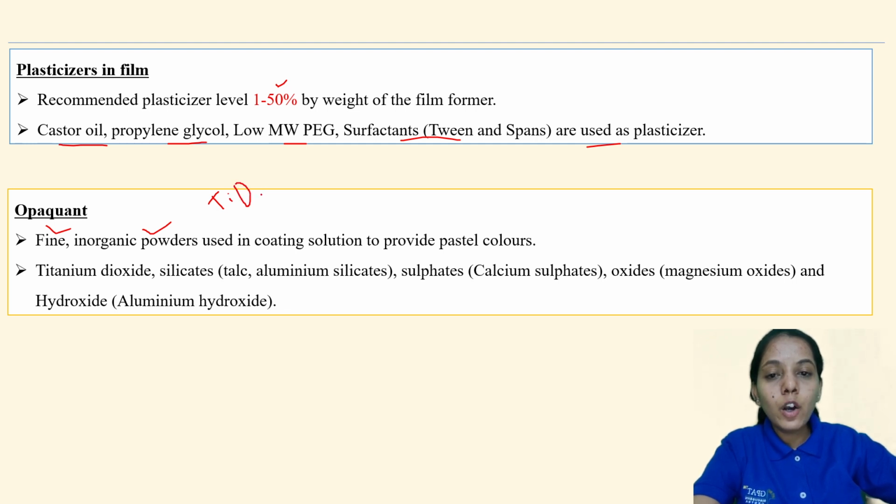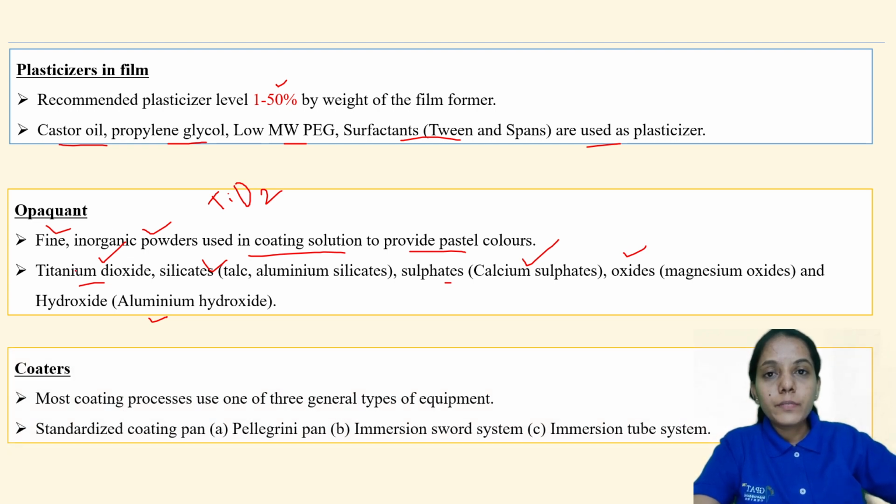That is added in the coating solution to give the opaque nature, and to provide pastel colors. The examples are titanium dioxide, silicates like talc, aluminium silicates, sulfates like calcium sulfate, oxides like magnesium oxide, and hydroxides like aluminium hydroxide. So these are added in the coating solution as opacifiers.